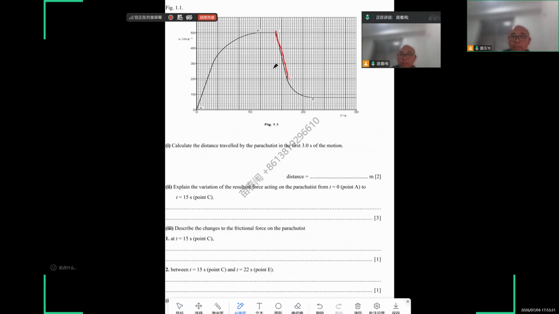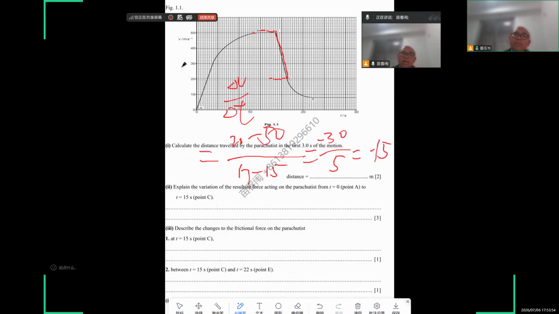So the acceleration is just delta v over delta t. Delta v, the final one, I believe is 20 minus 50, over 17 minus 15, which is negative 30 over 5, which is negative 15. I assume the velocity is in the positive direction, so the acceleration in that direction is negative. So it's negative 15 meters per second squared.